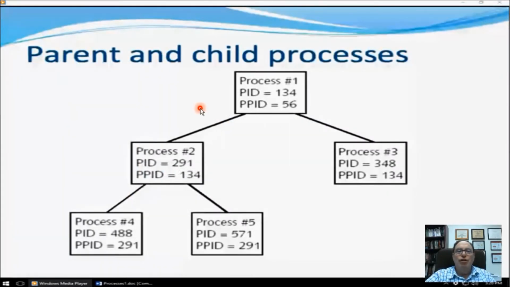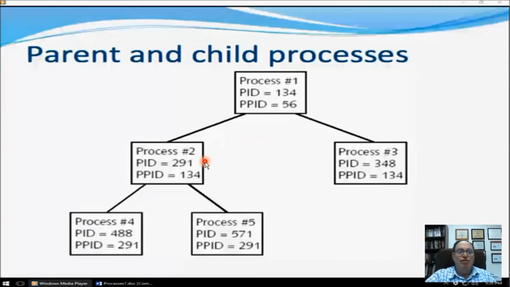We see here a little tree structure representation of parent and child processes. Let's say, for example, this right here is process number 1. It's got a process ID of 134, and its parent in this case would have a process ID of 56 right here. It begins process number 2 and process number 3.